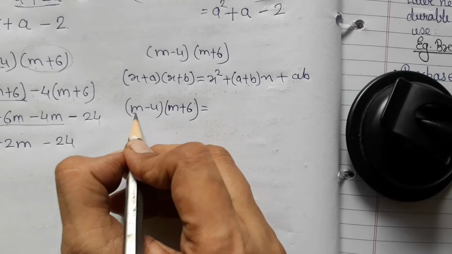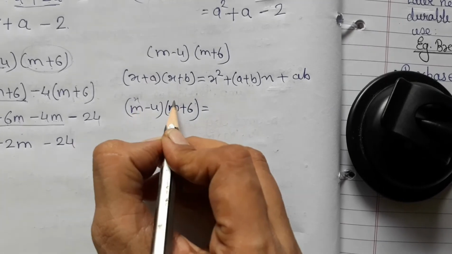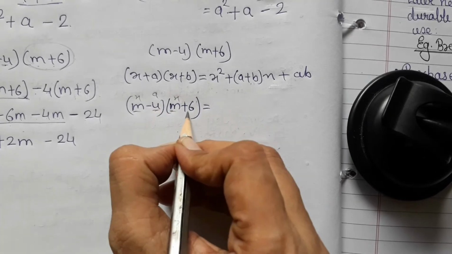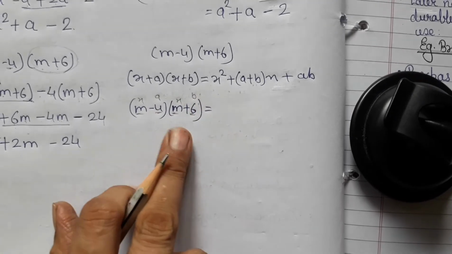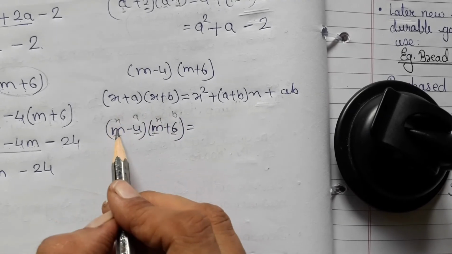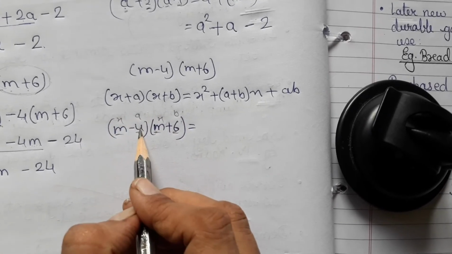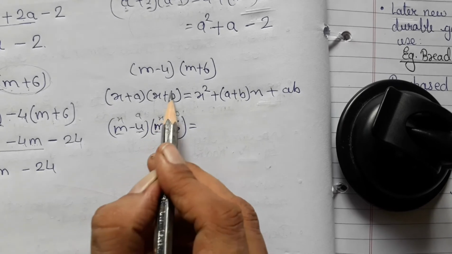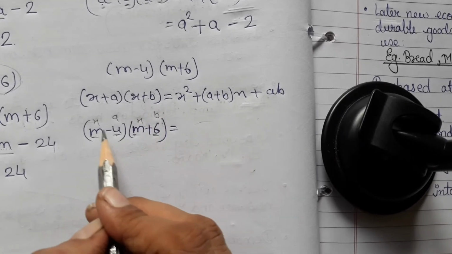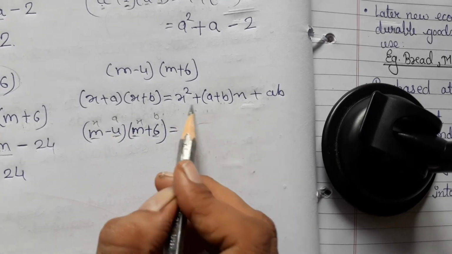Here, this is my x, minus 4 is my a, 6 is my b. If you don't remember this way, you can write at the top: this is x, this is a, this is x, this is b. Now it will be simpler to put numbers into this formula.